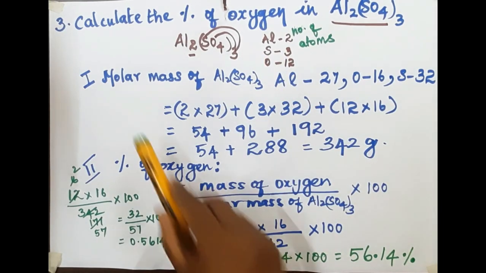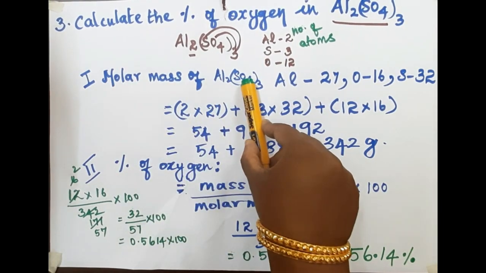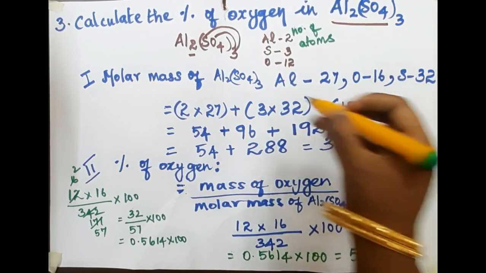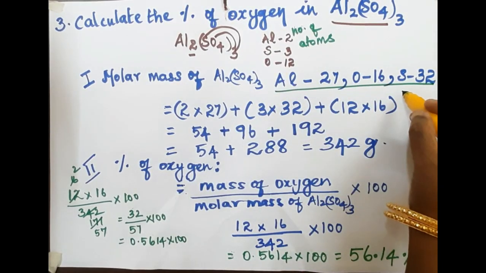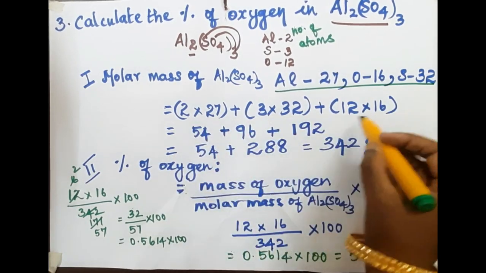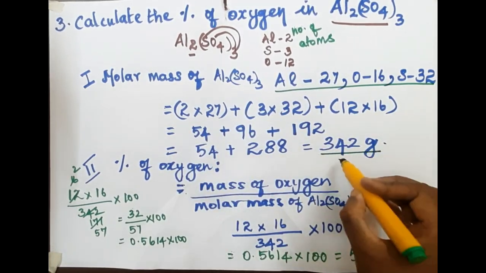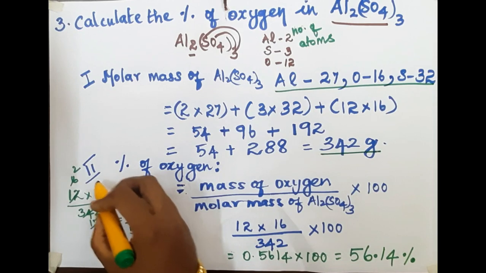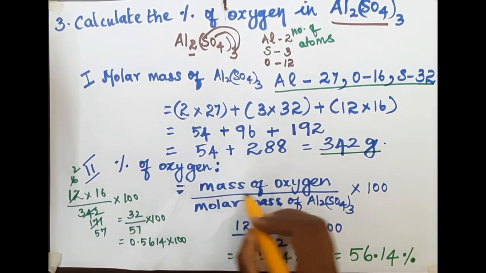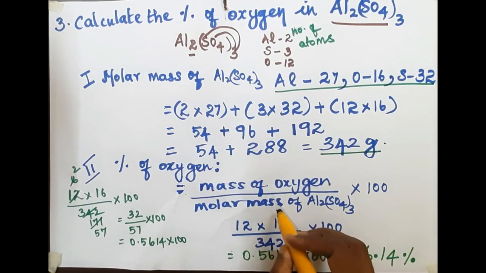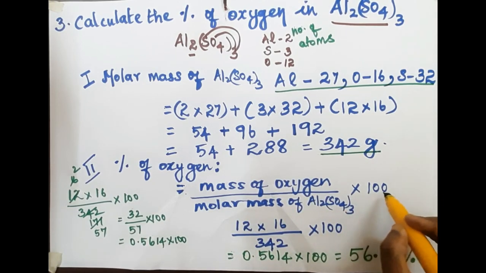Next we have to find the molar mass of Al2(SO4)3. For that you have to know the atomic masses. Keep this in your mind children. By substituting all these, we get the answer as 342 gram. Second thing is the percentage of oxygen calculation. It is calculated by mass of oxygen divided by molar mass of Al2(SO4)3 into 100.